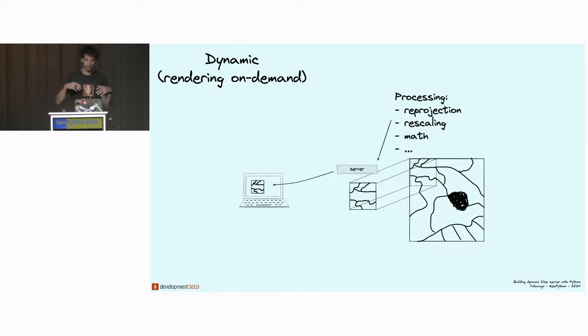The difference with dynamic tiling is you just host the raw data, and then wait for the client to come and say, hey, give me a tile. Then the server will do all the steps: cutting the small piece of the data, applying reprojection, rescaling, or whatever math processes you need to do on top of it.